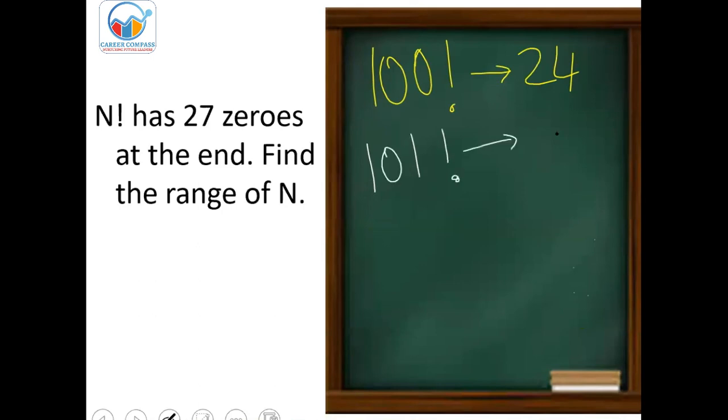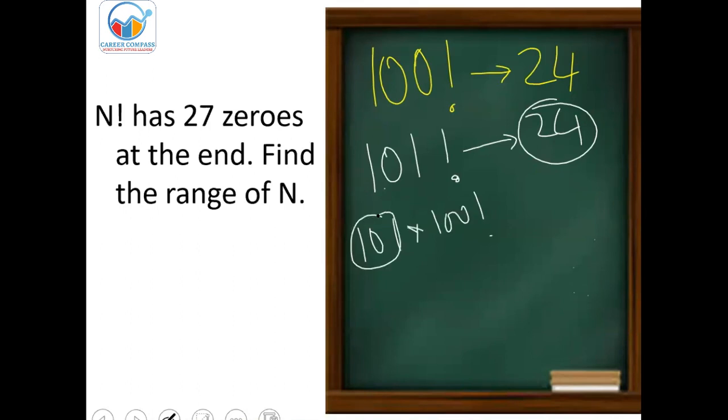Don't you think that will also have 24 zeros at the end? Because 101 does not bring any new 5. 101 factorial is basically 101 into 100 factorial, correct? So this number 101 does not bring any new 5. Hence the number of zeros will be the same as in 100 factorial.